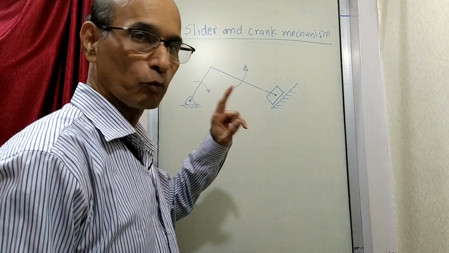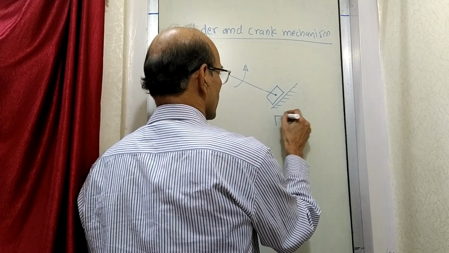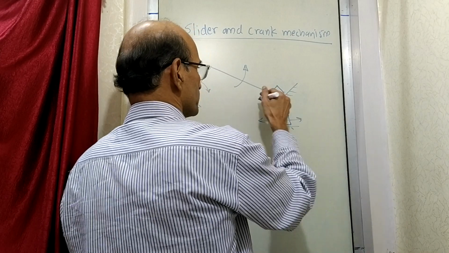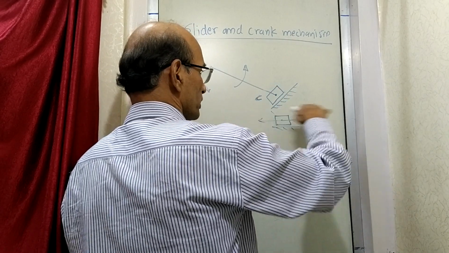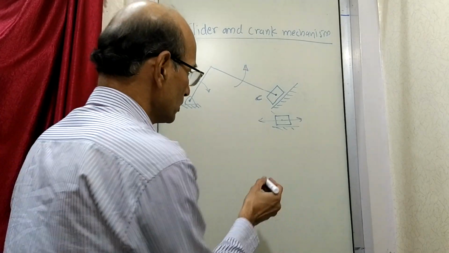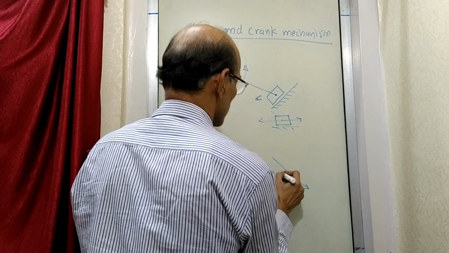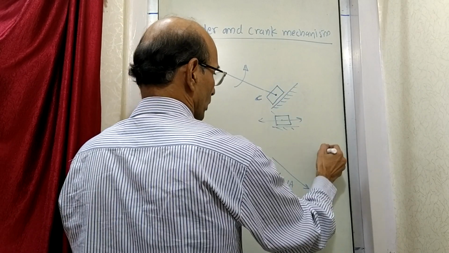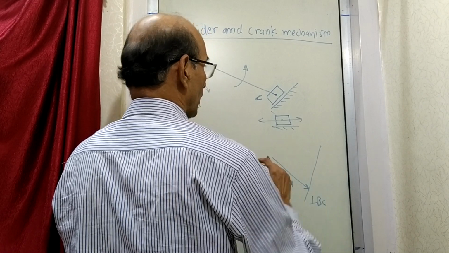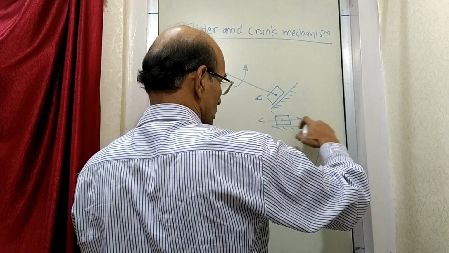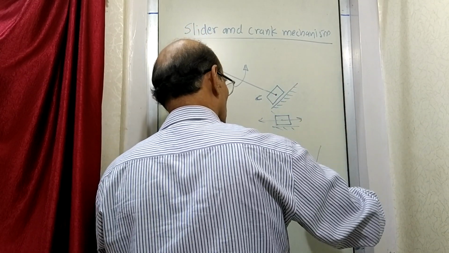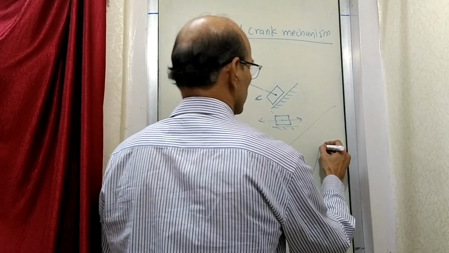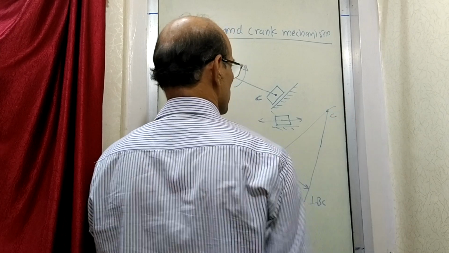Same way, but at one stage in the earlier case, when the slider was like this and the path was like this, we said that the velocity of C will be along this path. In the equation, our first vector came like this, velocity of B with respect to A. Then we drew one line perpendicular like this, and after that we drew a line like this because that was the path. Now the path is this way, so we have to draw a line parallel to this path like this, and wherever this meets, this will be C. This is of course A.